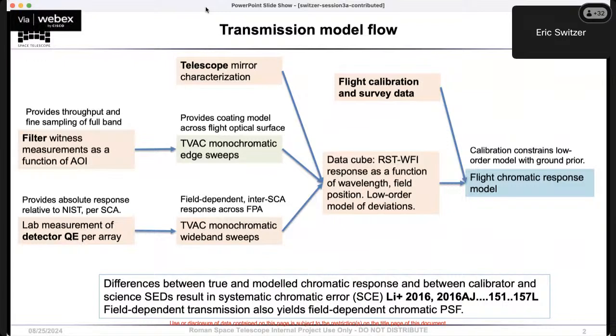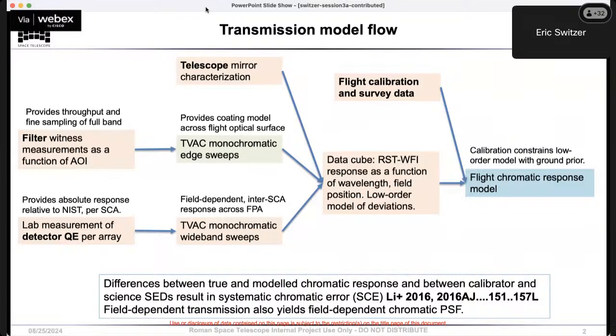The other is a sweep over the full wide field range that supplements the QE measurements by providing an inter-sensor chip tie-in. So those get combined with the flight mirror, the telescope mirror characterization to give a data cube of the chromatic response over the field.